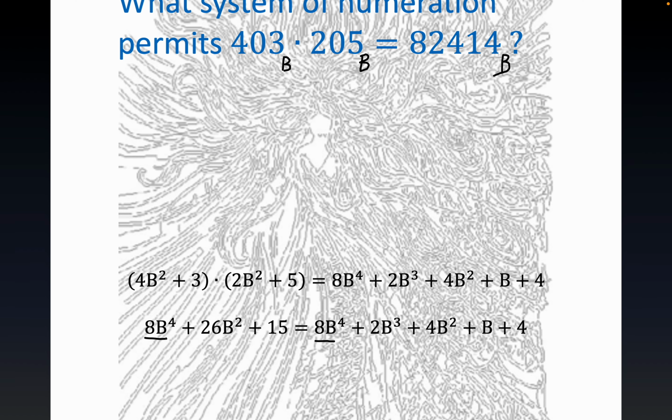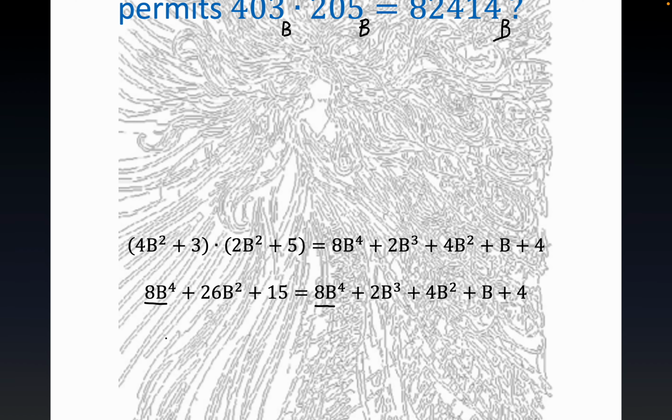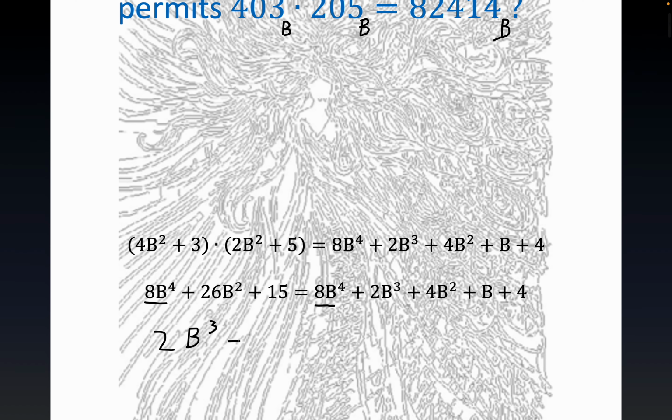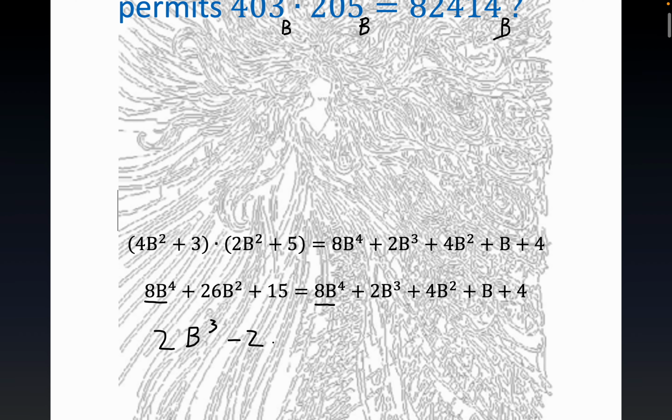All right, and now I won't bore you with all the algebra, but when you collect like terms and write it as a polynomial in the variable b, you end up with 2b cubed minus 22b squared plus b minus 11 equals 0.